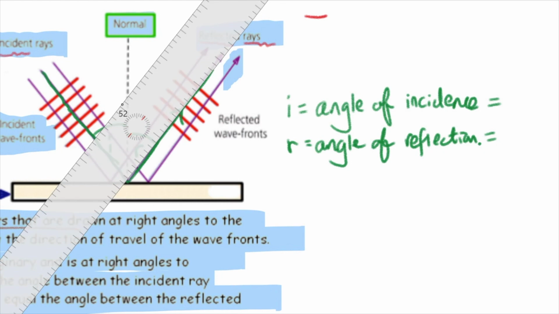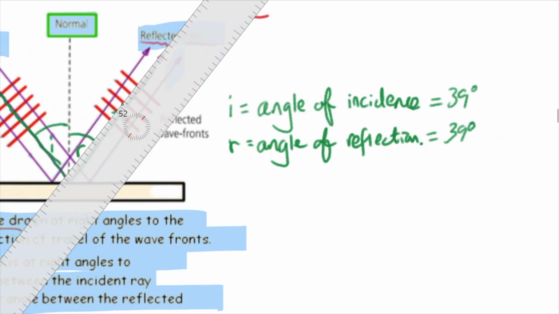Okay, so it shows that the angle of incidence equals the angle of reflection. It won't be 39 in your box, it'll be slightly different because of the scale.